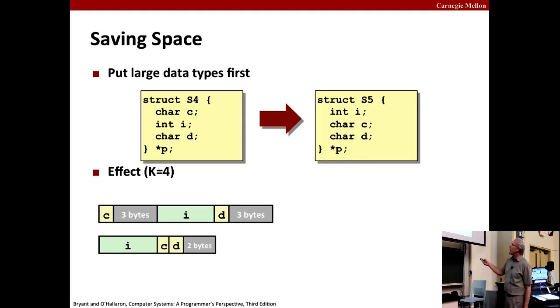But if I just put I at the beginning and then C and D, I would have only wasted 2 bytes total. And in general, because all the alignment requirements are powers of 2, this greedy algorithm works. If I just put the biggest stuff at the beginning and then successively smaller elements, I will be able to minimize any wasted space.